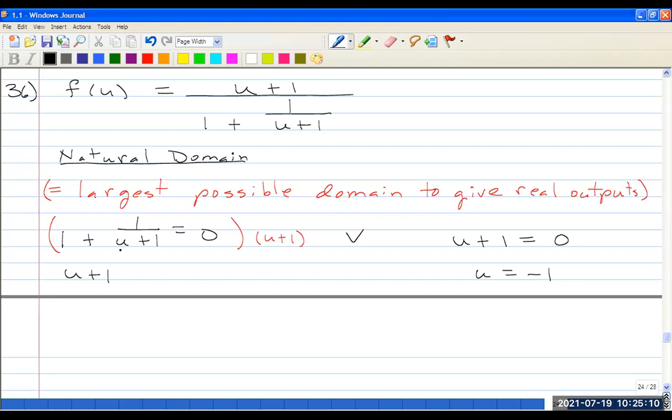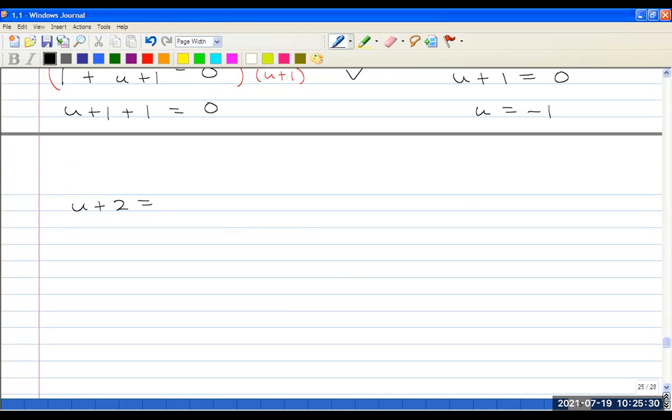The u plus 1's cancel, so I just get plus 1. And u plus 1 times 0 is just 0. So I have here that u plus 2 equals 0. Subtracting 2 from both sides of my equation, I get u equal -2.